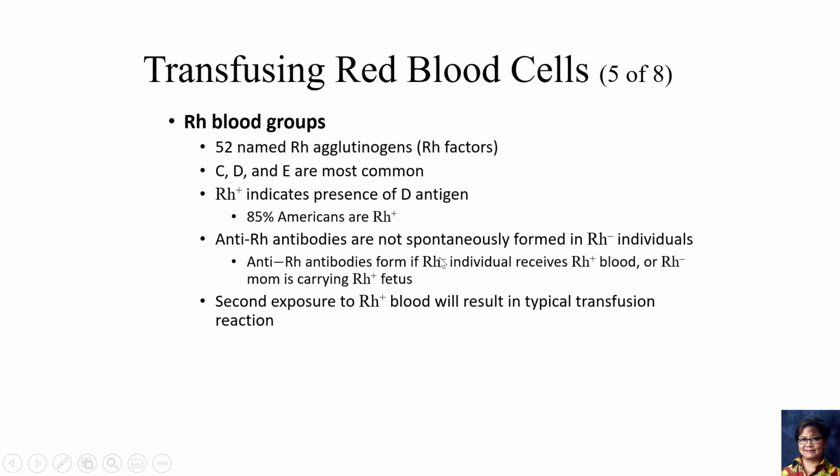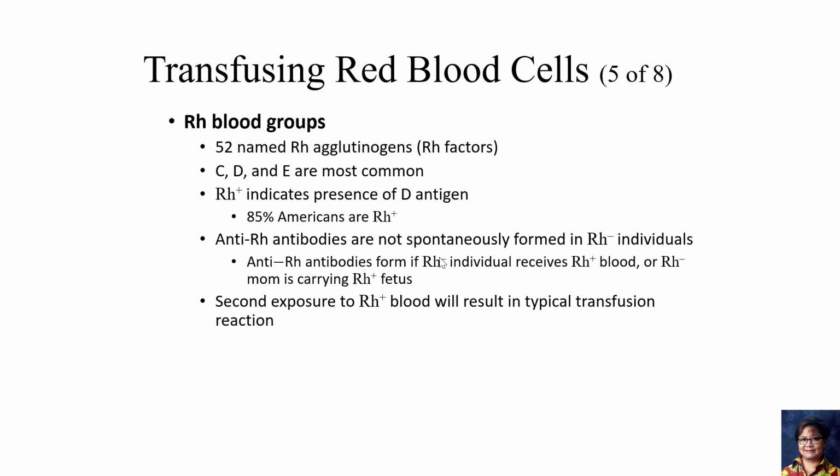So pretty much, besides the blood types A, B, AB, and O, you can also have the presence of the Rh factor on your blood. The presence of the Rh factor makes you Rh positive if you have it. But if you don't have the Rh factor, then that makes you Rh negative.